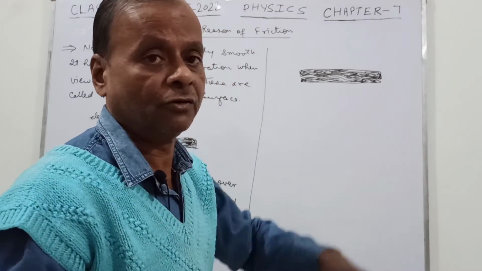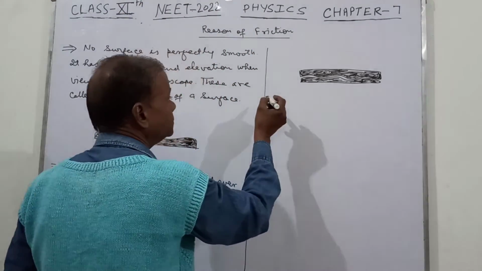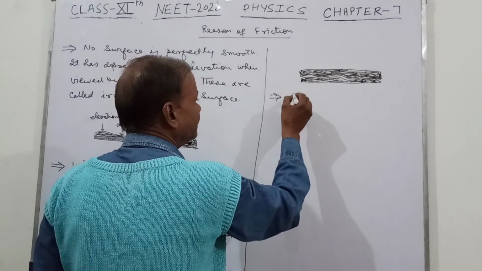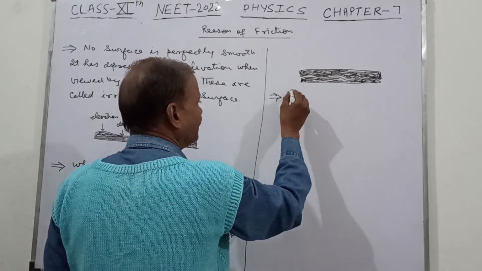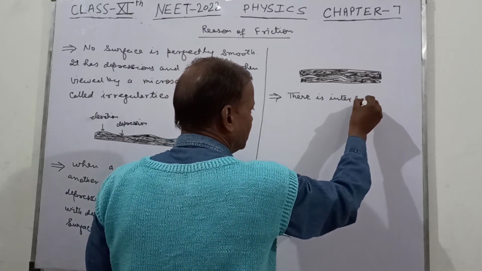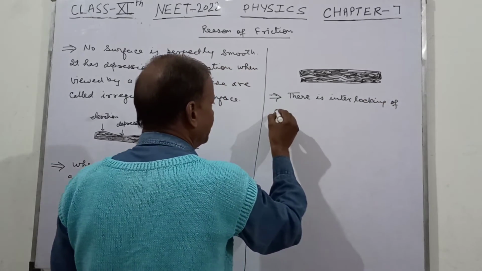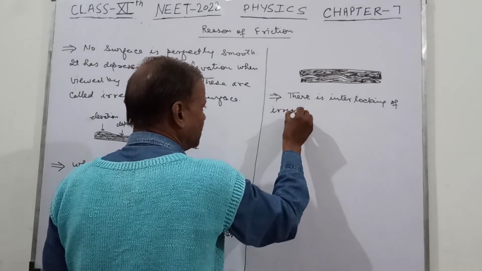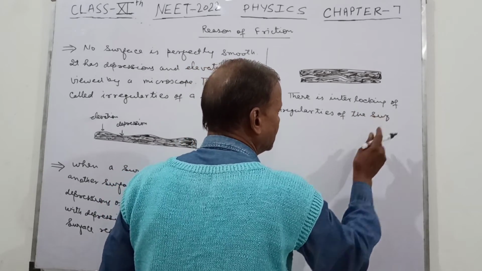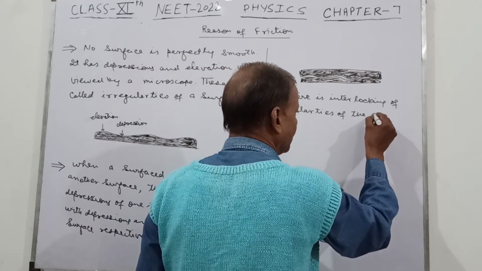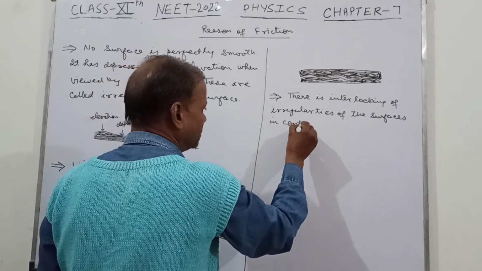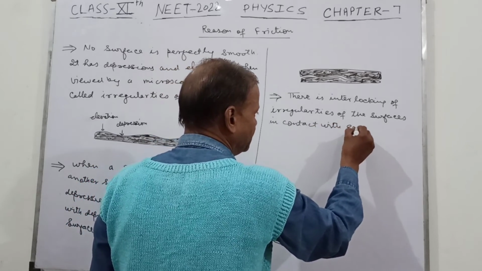So this gives the interlocking of the surfaces. There is interlocking of irregularities of the surfaces in contact with each other.